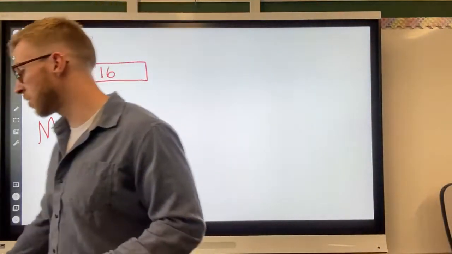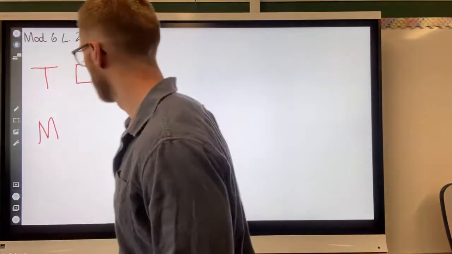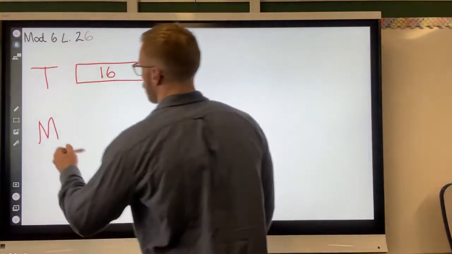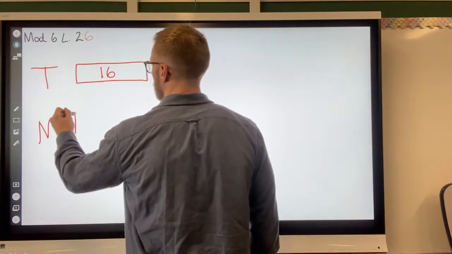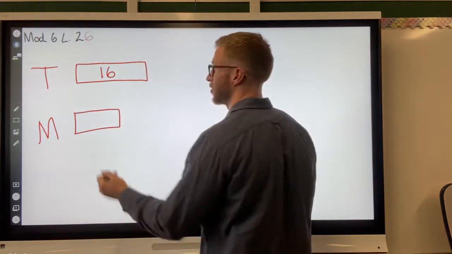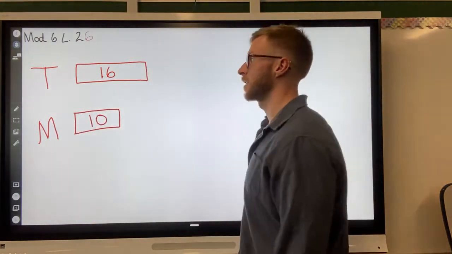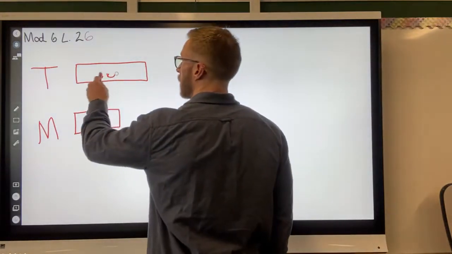So we want to know how much longer Tony's book is. So then we have Maria, which is 10 pages. And hers is actually shorter. So I'm actually going to come back up to this one and rewrite it.